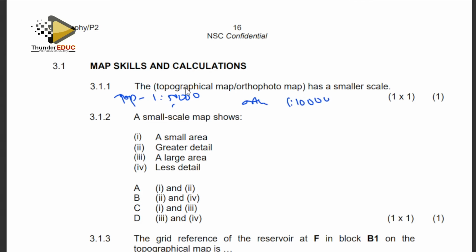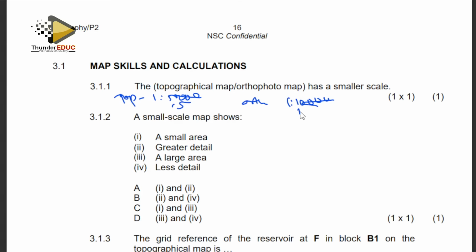But this number indicates how many times the map can be reduced or enlarged. So when you look at this, 5 here, 1 here, in your own understanding, 5 is bigger and 1 is smaller.